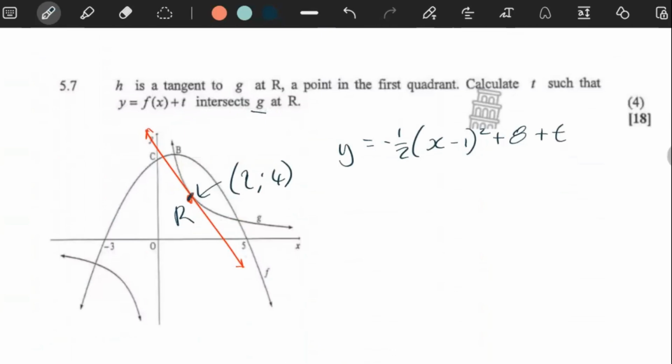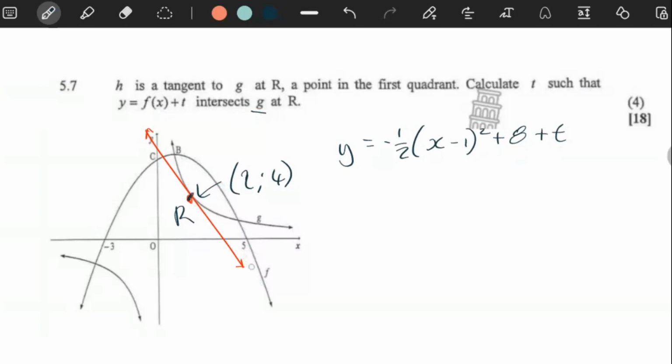Well, that's not too difficult as it seems. Calculate t such that this graph intersects g at r. Wow. Okay. Well, t is a value that moves this parabola up or down, you see.